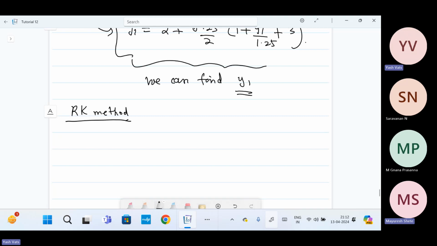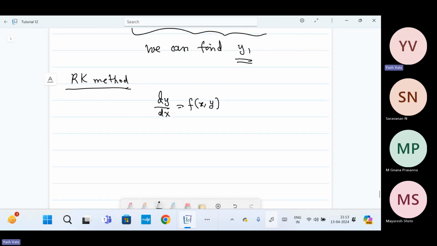If you are given a differential equation, say dy by dx equals f of x, y, with the value y of x naught equal to y naught, and you are given some h, then how do you find it?